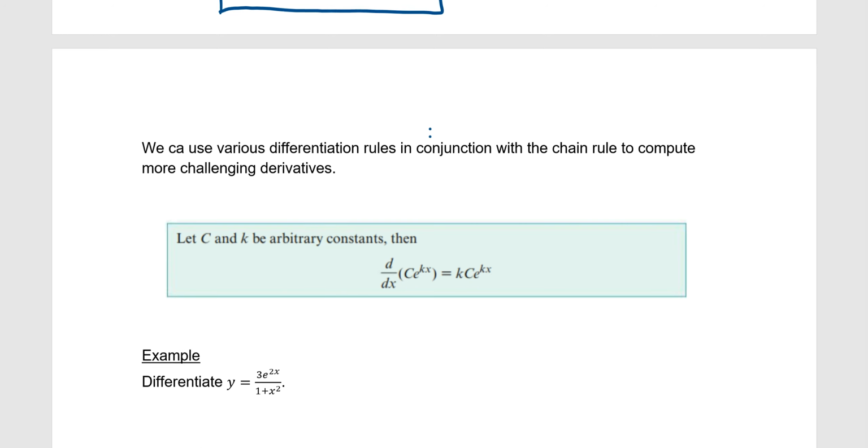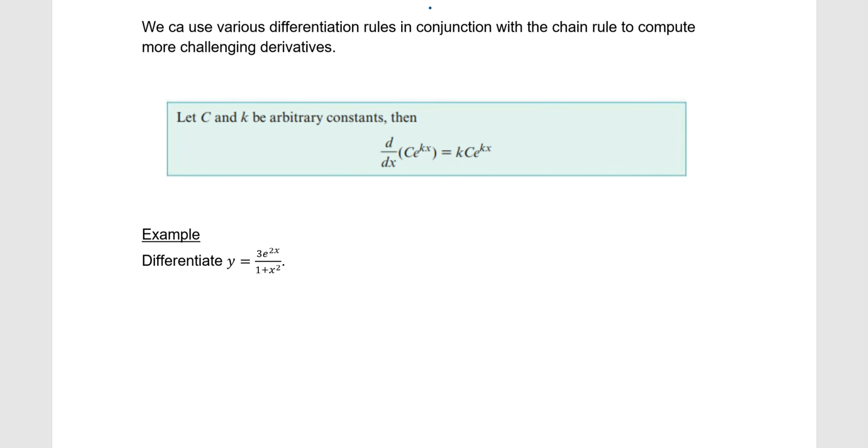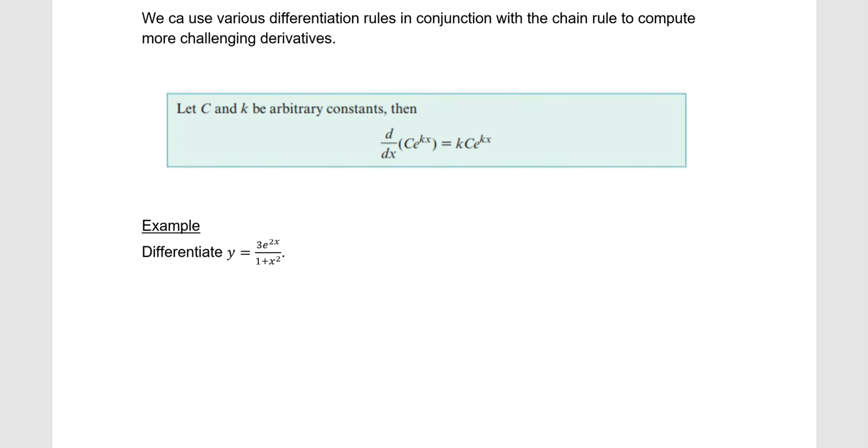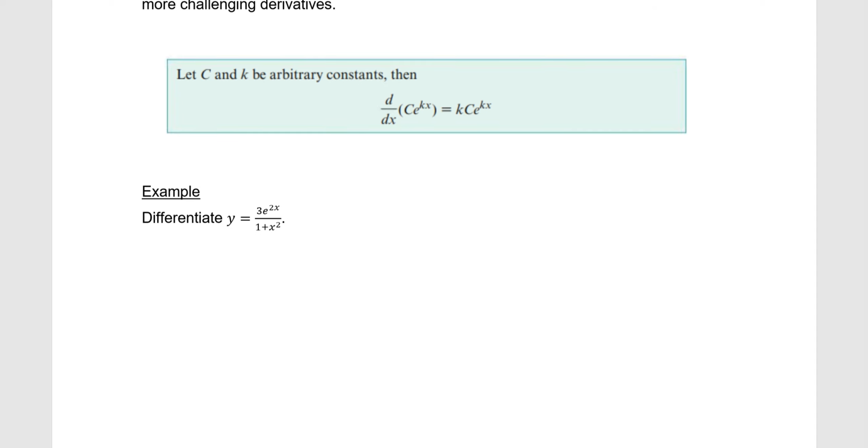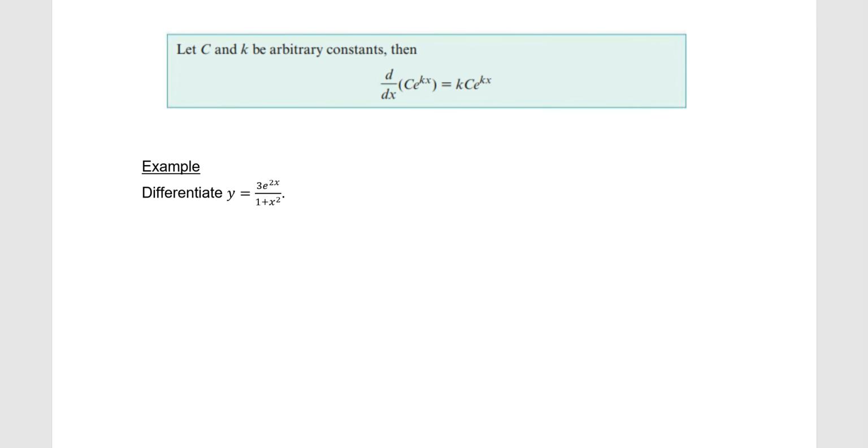Okay, so basically just one more example here, and that's going to be using a couple differentiation rules with the chain rule that we just did to do a couple derivatives that can be a little bit harder. So for this, let's say that c and k are some numbers, just arbitrary constants. If we're doing the derivative of a constant times e to a constant times x, then the derivative is going to be the same thing that we just did.